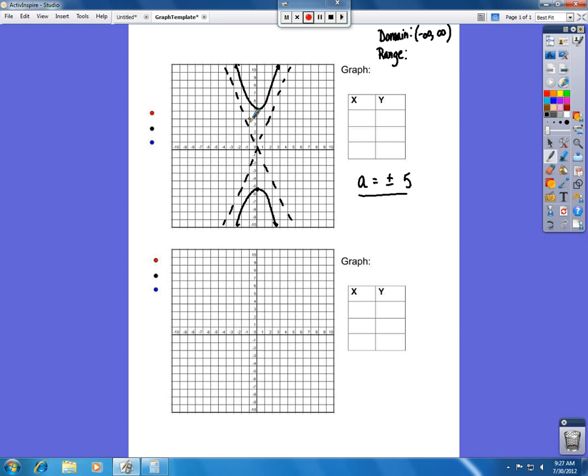So this is where it gets a little confusing, because we've actually got two pieces for range. So y can be anything bigger than 5, right? Because we've got values for y along here, but we don't have anything in this whole chunk here. And then y can also be less than -5. So we have a union range here, meaning we've got two different possible ranges for the y values.